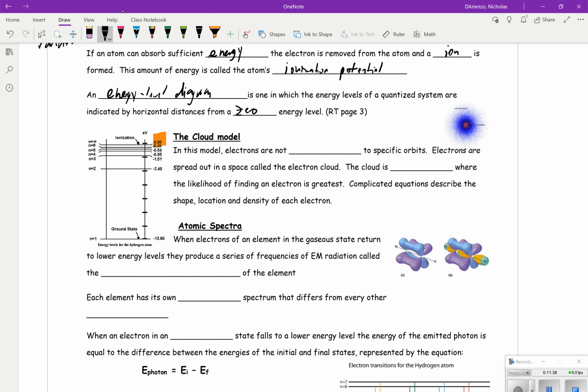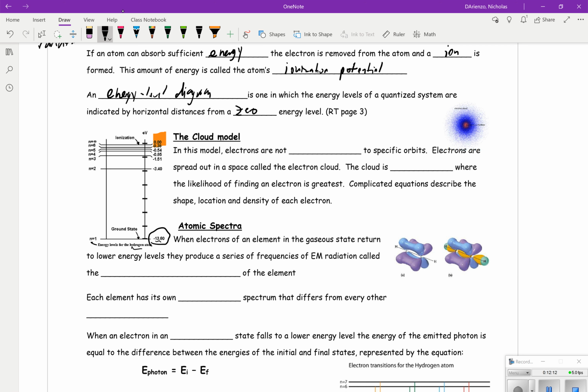And as we go down towards the ground state, we see that our energy is getting smaller or more negative, where our energy level n equals 1 is going to be our lowest energy, indicated by the most negative value. So essentially, to remove an electron in the first state of a hydrogen atom, the electron would have to absorb 13.6 electron volts of energy.